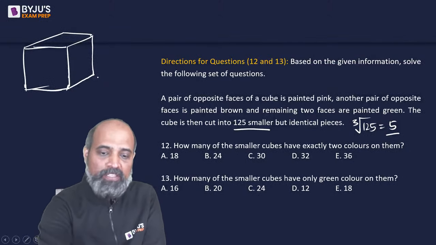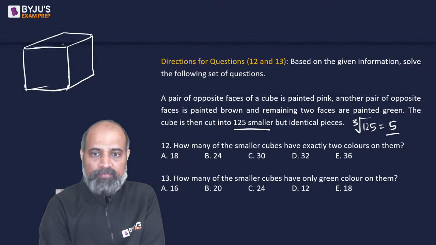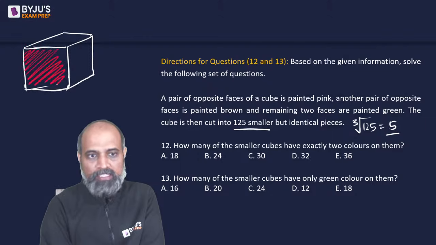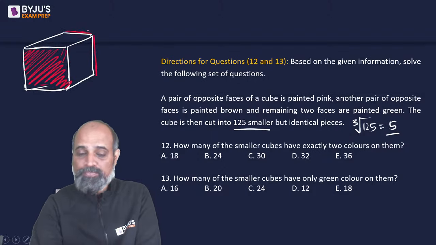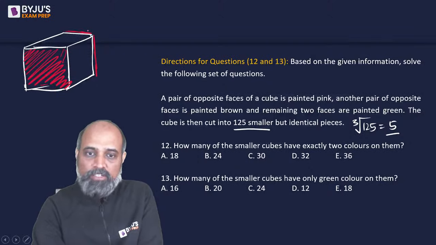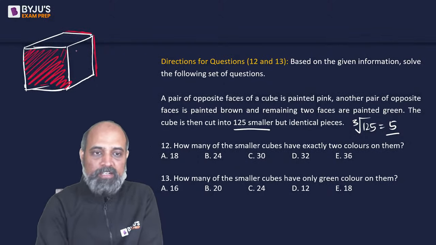Now it is given that opposite faces are painted pink. So I'm going to take this as pink, and the one at the rear of it, opposite wala, ye pink kar diya. They are painted brown.